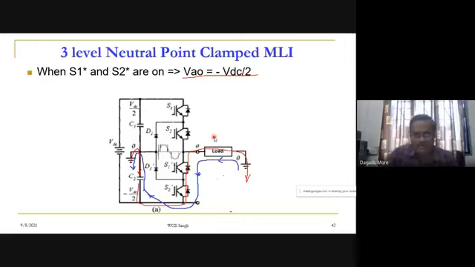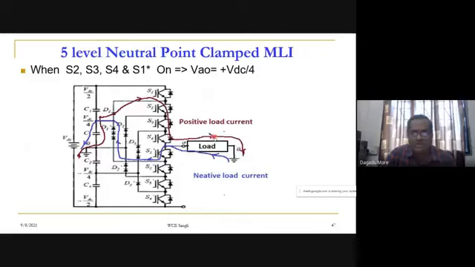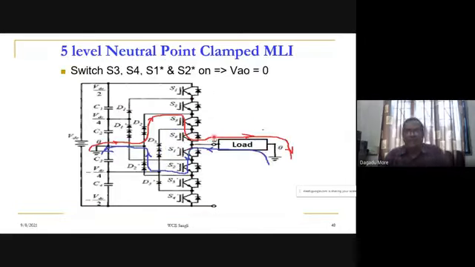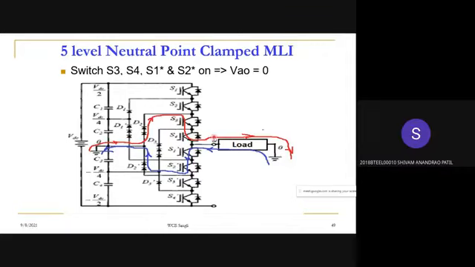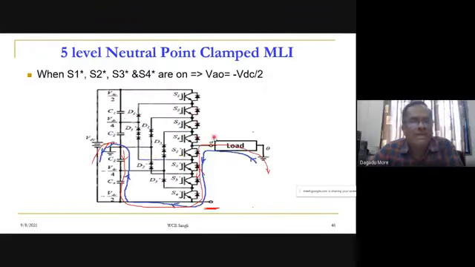What about a 5-level inverter? Can the 5-level inverter work as a 2-level inverter? Yes, sir. We can just use two conditions. Again here we have to use plus VDC by 2 and minus VDC by 2. It means that we have to switch on S1, S2, S3, S4. You can make it as one switch, simultaneously on and off.